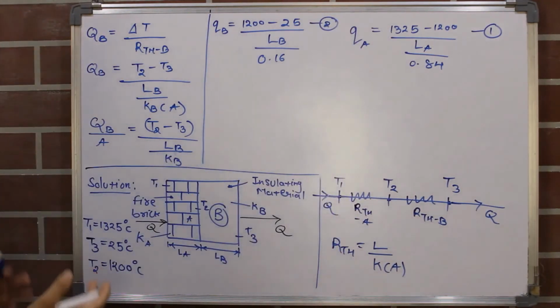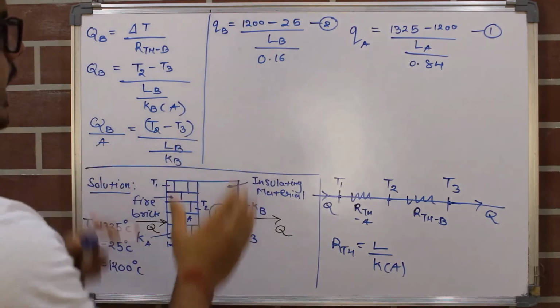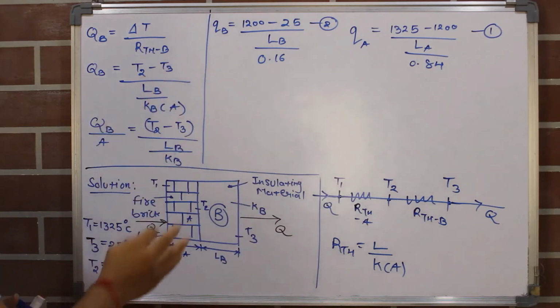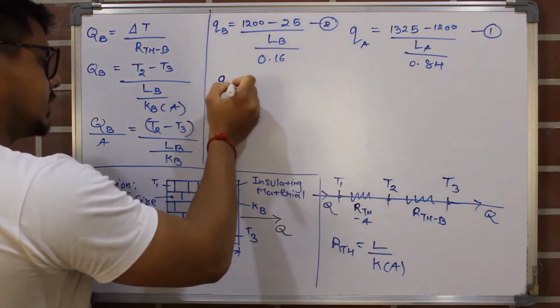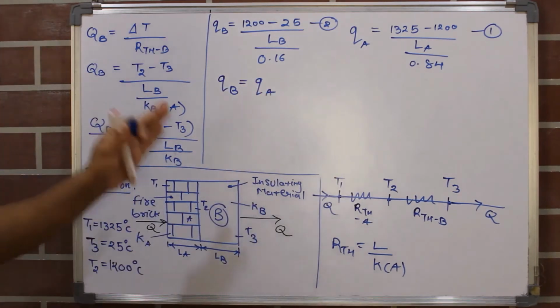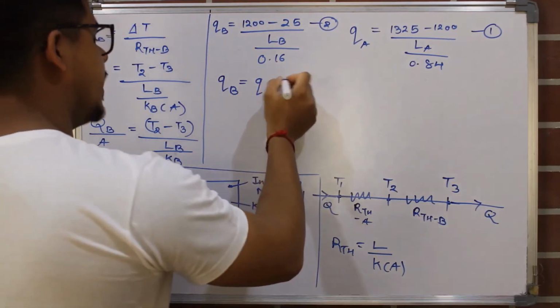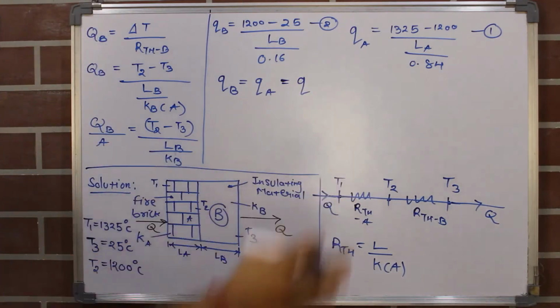Now we know that we have steady state heat conduction and the walls are in series combination, so our heat transfer rate throughout the wall will remain the same, and will also remain the same for each of these walls. That means the heat flux qB will be equal to qA. Why? Because we have a series combination of plane walls. And it will also be equal to the total heat flux which is passing through the wall.